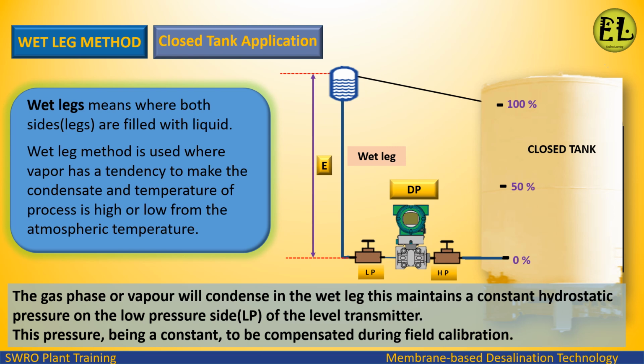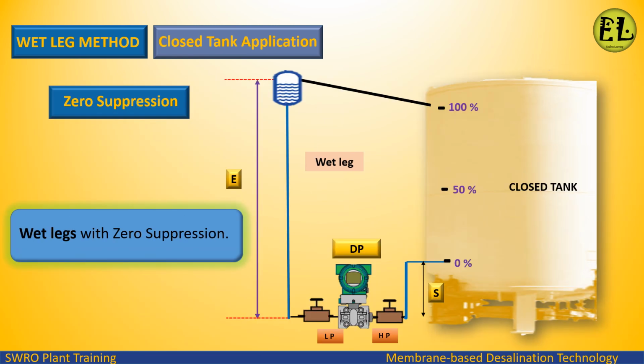This maintains a constant hydrostatic pressure on the low pressure side, LP, of the level transmitter. This pressure, being a constant, is to be compensated during field calibration. Wet leg method: wet legs with zero suppression, as shown.